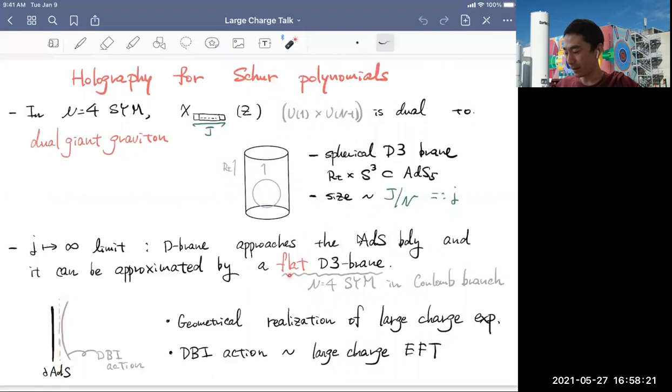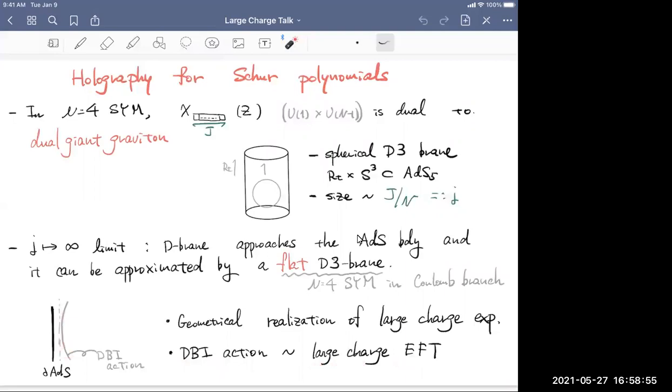This flat D3 brane is nothing but the holographic description of N=4 super Yang-Mills on the Coulomb branch, where the symmetry is broken down to U(1) times U(N-1). So this gives a geometric realization of the large charge expansion. The curvature expansion corresponds to the 1/j expansion, and the DBI action living on this brane should be interpreted as a large charge EFT.